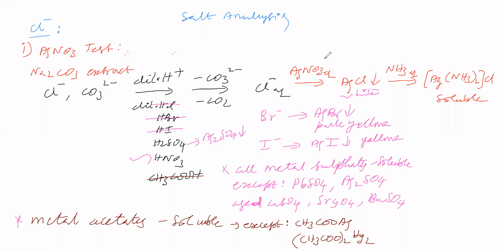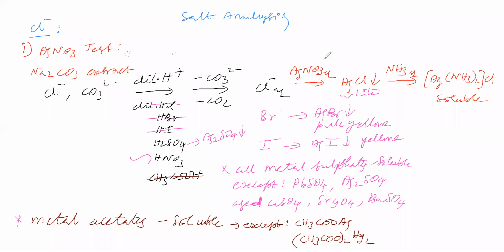In the sodium carbonate extract, we remove excess carbonate by adding dilute acid. Which dilute acid do we have to add? Dilute nitric acid. We cannot add other dilute acids. Even acetic acid we cannot add because silver acetate is insoluble in water. So we add dilute nitric acid to remove excess carbonate.